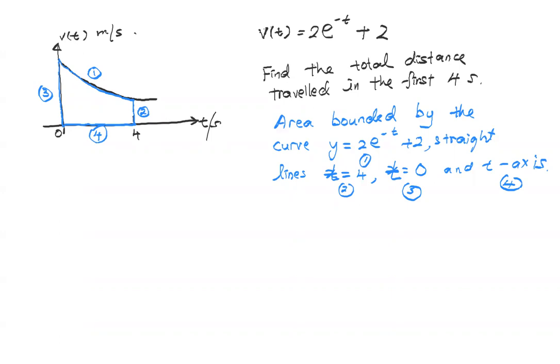When you want to find the area, the shape must be enclosed. But this is not a polygon. If it's not a polygon, how are you going to find the area bounded by the curve? Some of you will tell me integration.